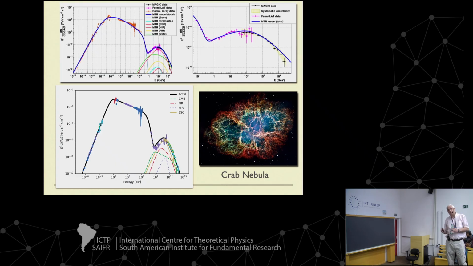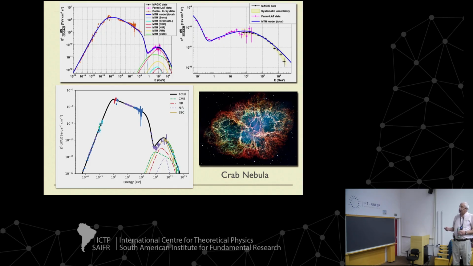But this inverse Compton radiation is contributed by a different component, not just a single component. Why? Because we have different ambient photon fields acting as target of the quite energetic electrons. For instance, here you have, well, these are two examples of fitting of this part of the spectrum.